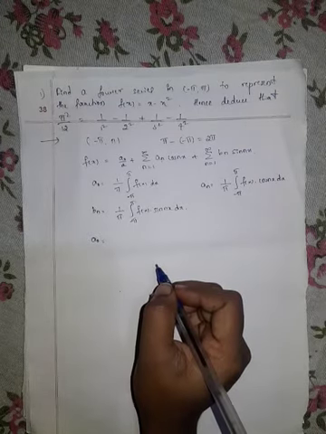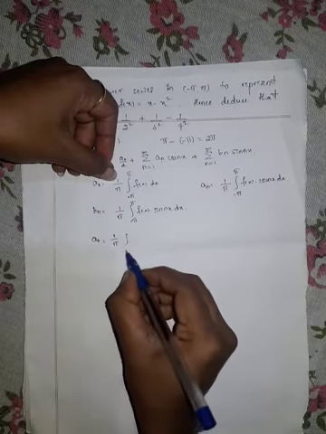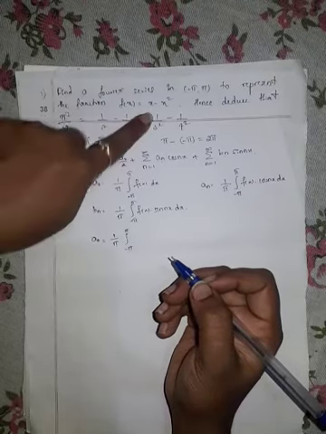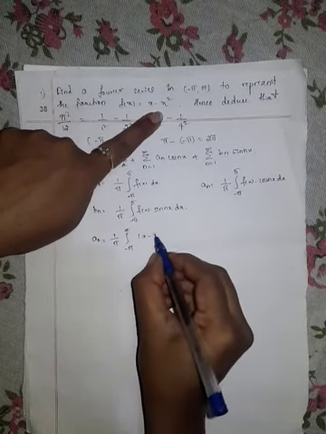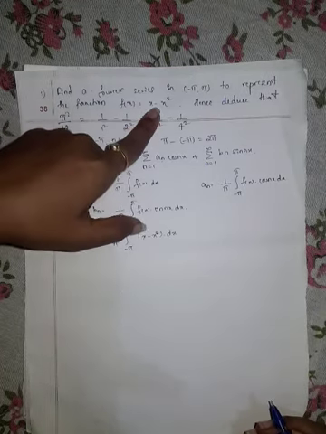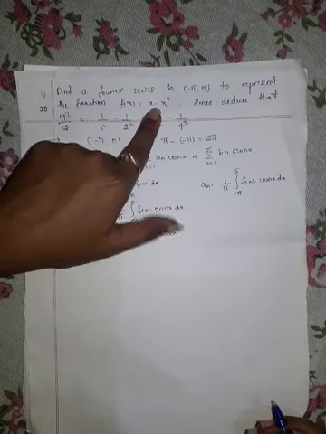So a naught is 1 divided by pi integration from minus pi to pi. Our f of x is nothing but here x minus x square. So x minus x square into dx. Now we will integrate this function x minus x square with respect to x.